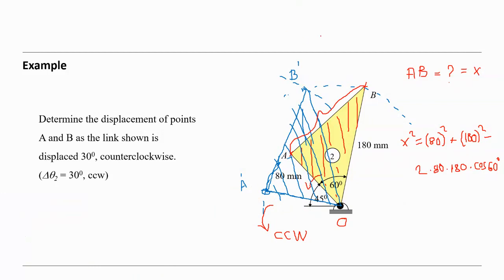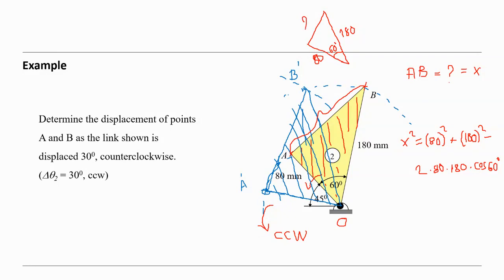The cosine theorem is, if you have such a triangle like this, and let's say this is the 60 degrees, and this is 180 millimeter, and this is the 80 millimeter.